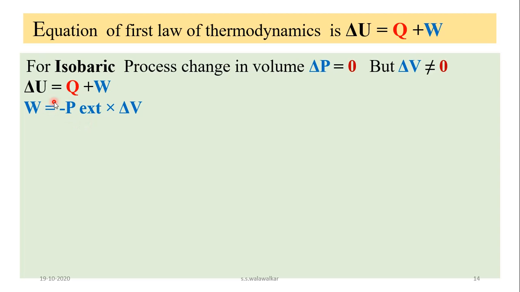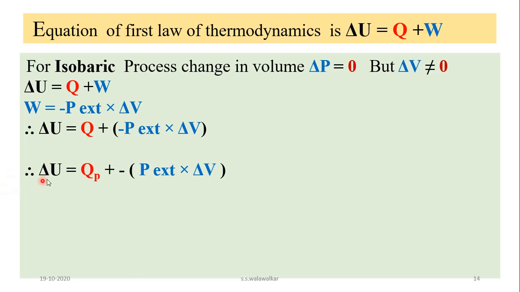You know that W is equal to minus P external into delta V, and therefore delta U, that is increase in the internal energy, is equal to Q, that is heat supplied to the system, plus work done on the system, minus P external into delta V.